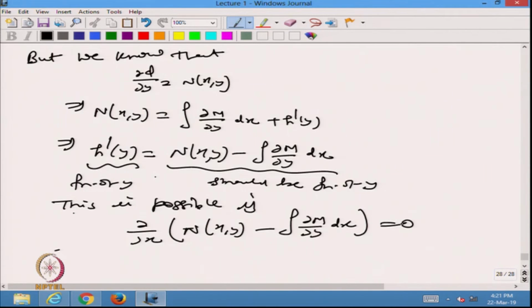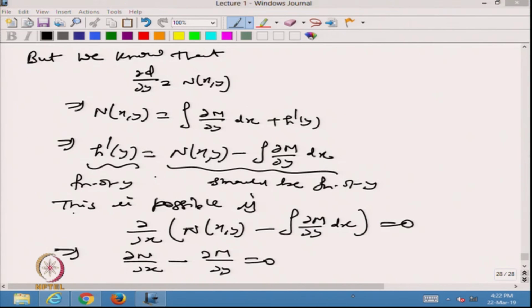Because if it is a function of y only and I am taking the partial derivative with respect to x, then it should be equal to 0. So, from here what I will get is del N by del x minus del M by del y equal to 0, because here first I am taking the integration with respect to x and then the derivative with respect to x.